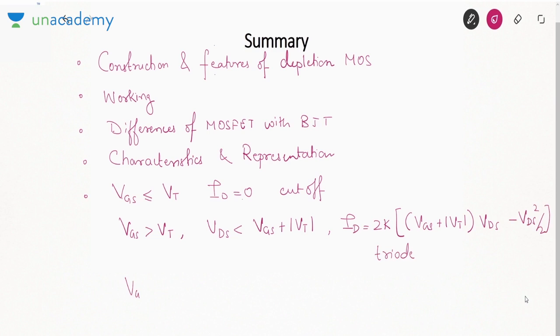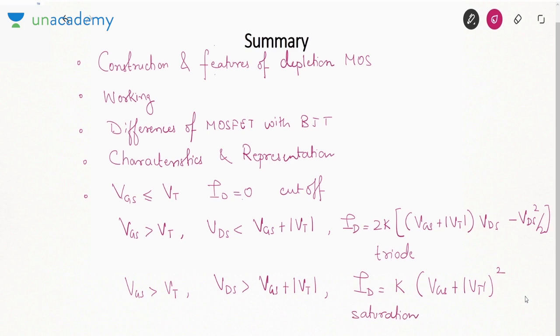And the last one, VGS greater than VT and VDS also greater than VGS plus mod VT, then drain current was K times VGS plus mod VT whole square. That was called the saturation region. Okay, so that is what we have covered in this video.